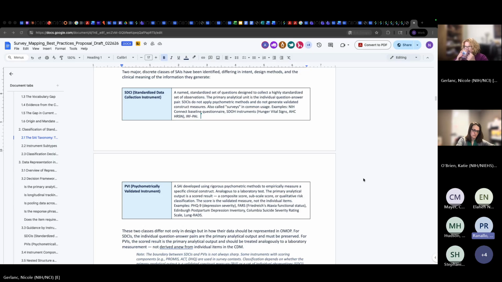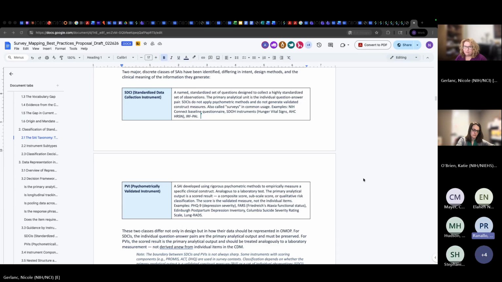Standardized data collection instruments might have a focus. There might be a topic that they're focused on gathering information about, but they have not been empirically validated to measure anything. So you couldn't compare survey results from two different people and make any sort of claim about one being more or less depressed, or at more risk for suicide.